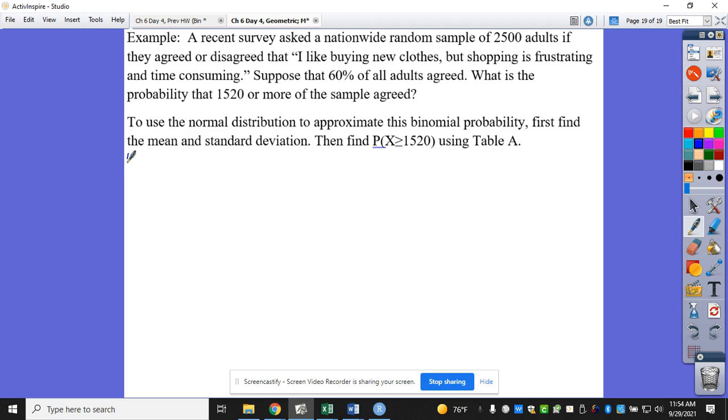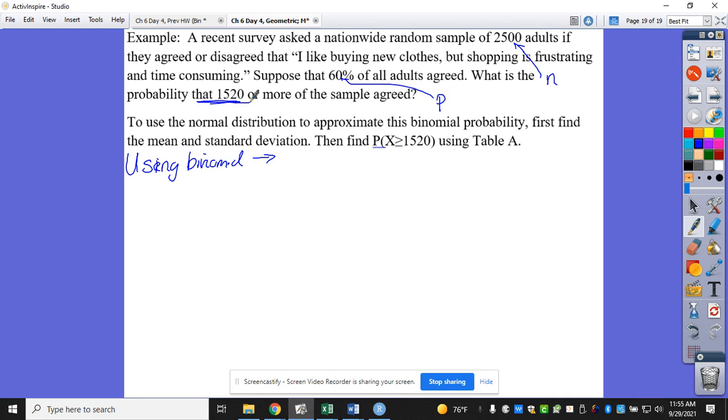Let's do this first. You don't need to write this. Using binomial, I want to think about this problem. There's 2,500 adults. That's my what? This is my what?